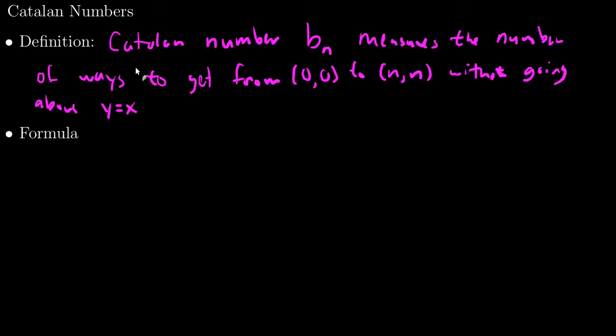And of course, I'm not going to write it. I have enough writing here, but I mean that we're only going to this lattice point. We're only making one step right, one step up.